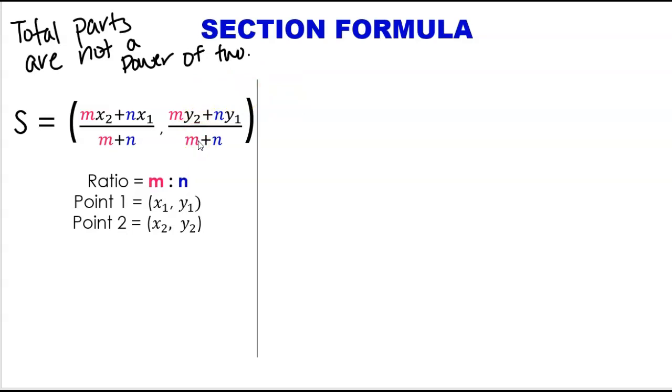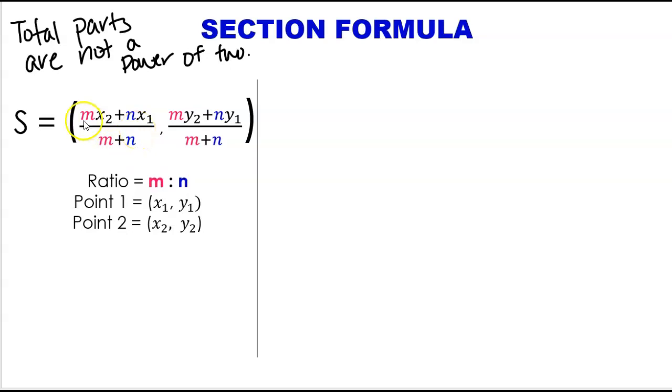But if you label your ratio and label your 2 points with your x1, y1, x2, y2, it makes things go so much easier. When we have our ratio, which in our formula is m to n, you're going to multiply your 2 x's by m and n, and then multiply your 2 y's by m and n. And then down here, where we divide them, it's m plus n.